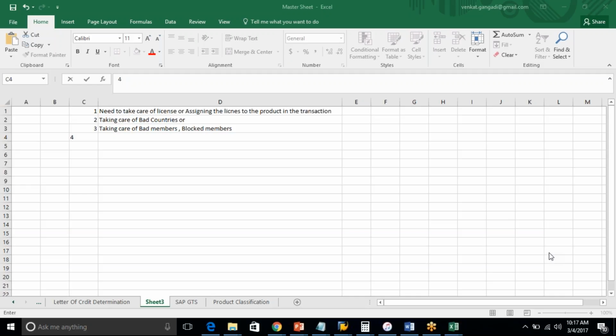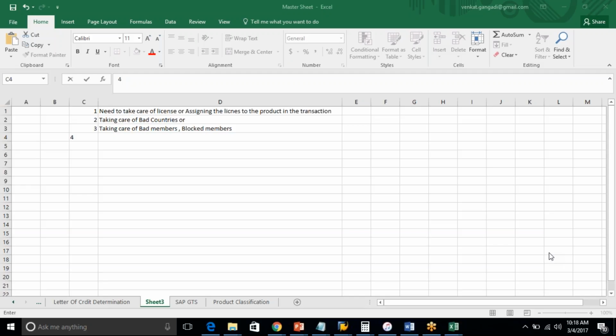It is very easy for the customs authorities to come to a conclusion and verify whether this product requires any license or not, whether this product is eligible for export or import, what kind of license is required, or what kind of duty is required. So all these issues can be identified by the customs authorities when you perfectly classify the product, or when you complete the product classification process.